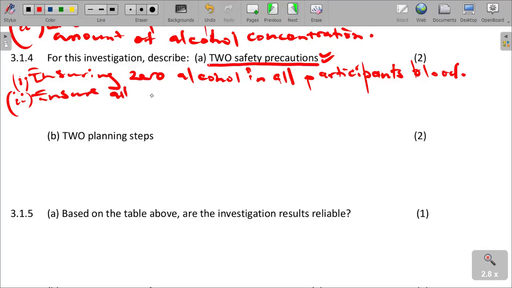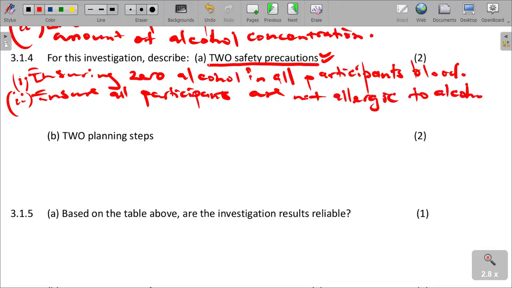Ensure all participants are not allergic to alcohol.